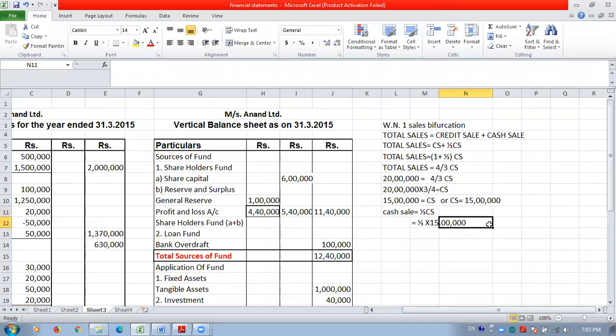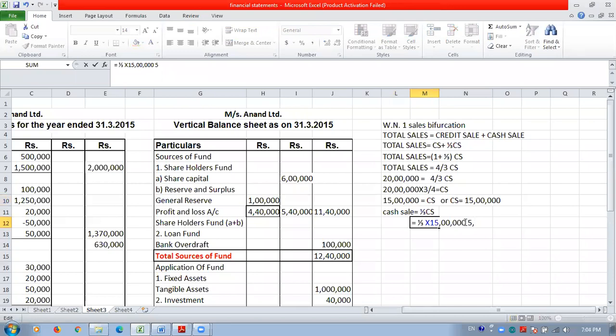So cash sale is equal to one third of CS, that means one third into 15 lakhs, which is 5 lakhs.